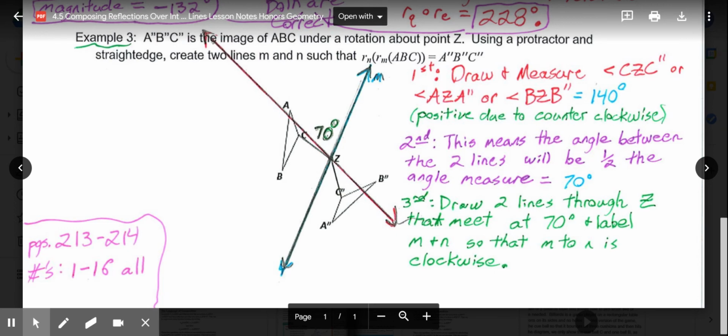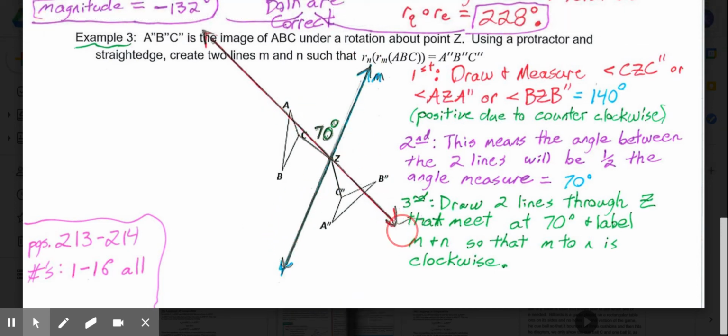So in this case, to get line here and line here, what we ended up doing is we first drew in that first angle, measured that, 140, cut that in half to give me 70.